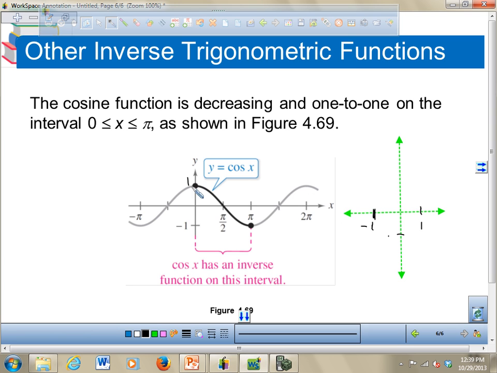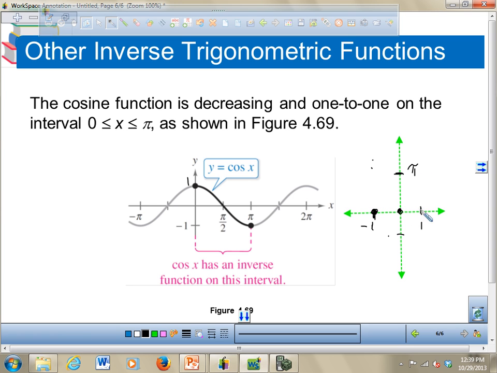But the values that I get out are going to go only from 0 to pi. So it's going to go from 0 up to pi.